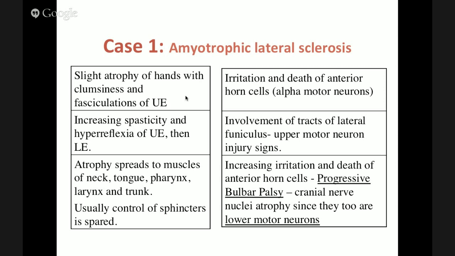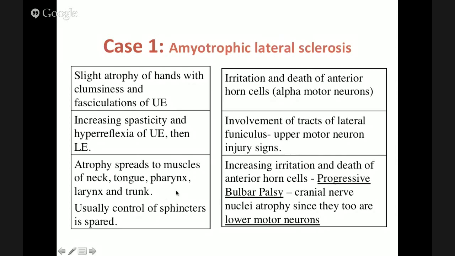So there's irritation and death of the anterior horn cells innervating those muscles. The hyperreflexia and the increased muscle tone are signs of upper motor neuron involvement.